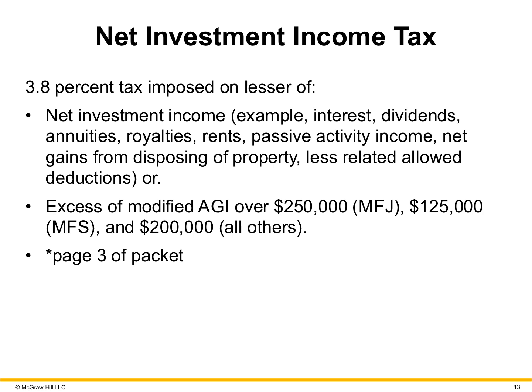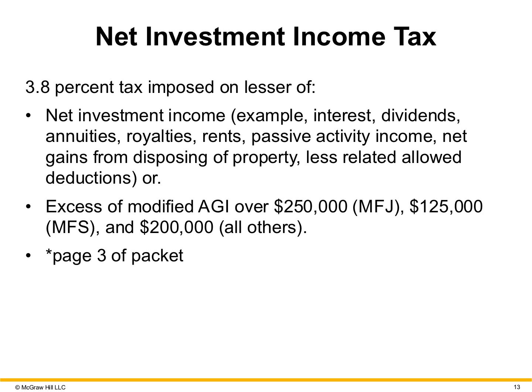In this video, we are going to be talking about other types of taxes that a taxpayer may encounter, starting with the net investment income tax. Like the alternative minimum tax, the net investment income tax is targeted at higher income taxpayers.